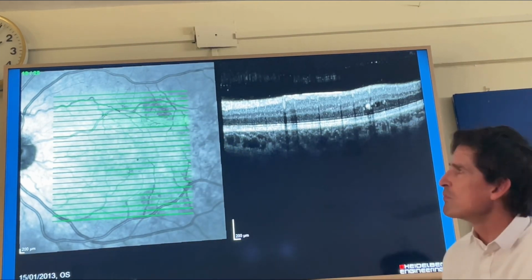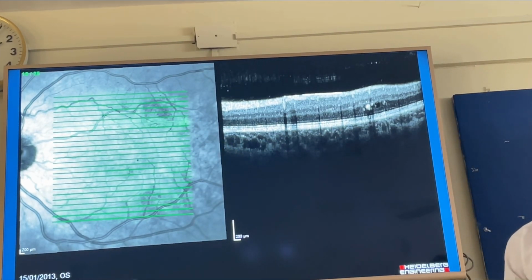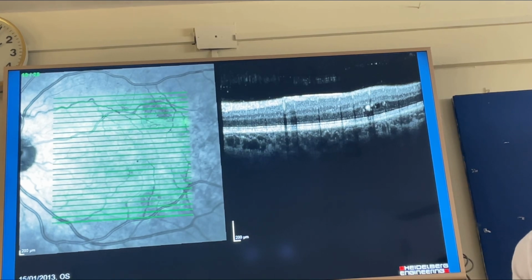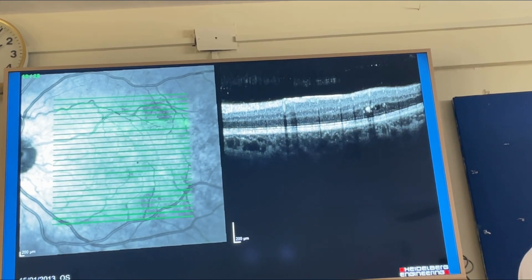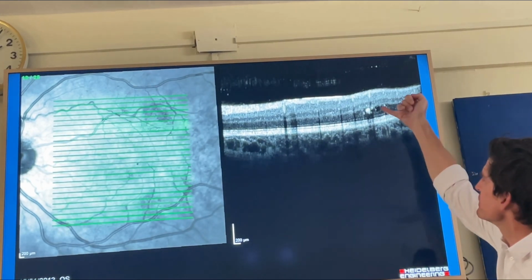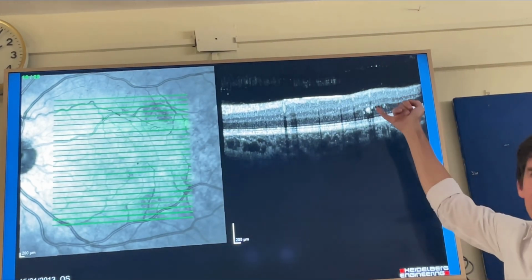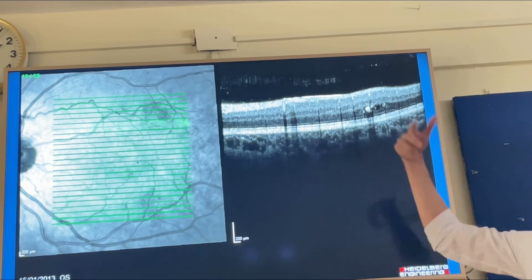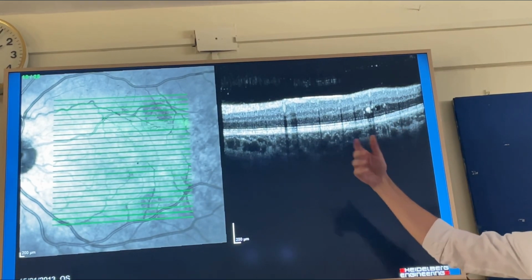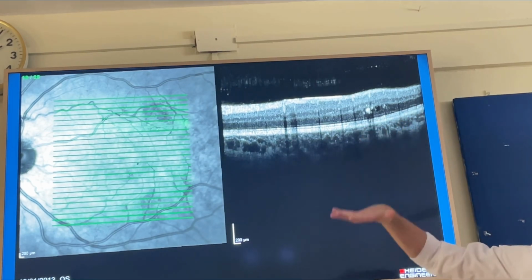So particularly from this scan, how can you differentiate hard exudates from hemorrhage? I have a hard time with that, but sometimes you can see, like here, it looks like there's a little space. So that's probably fluid. So that might make me think more of edema or a hard exudate. Honestly, it doesn't really matter for our purposes.